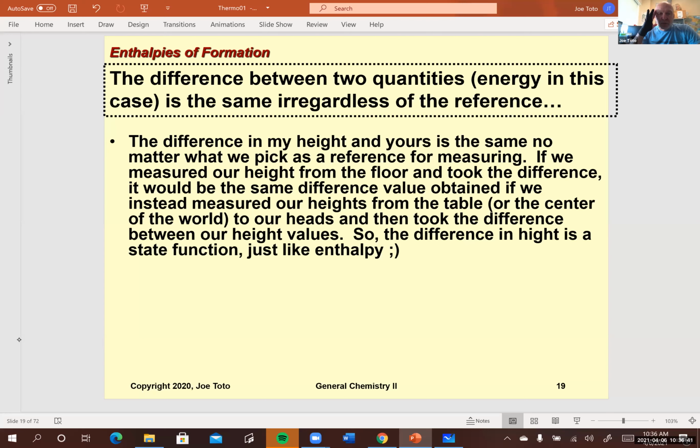Plus, you have to incorporate all the attractive forces between shared electrons and other protons and things like that. It's just a very complicated problem.